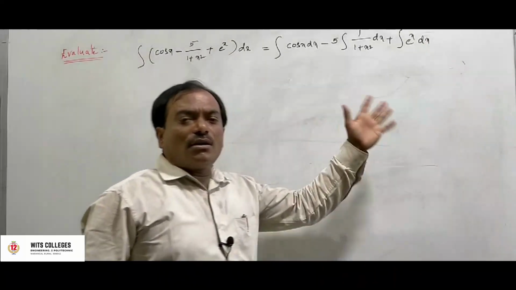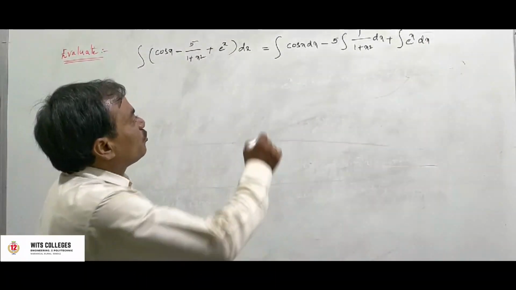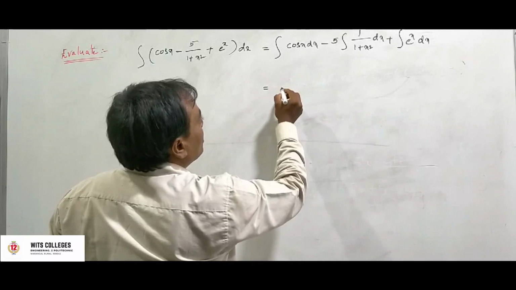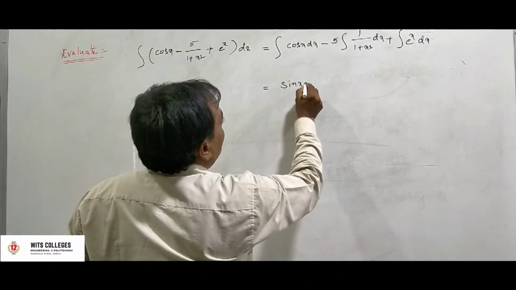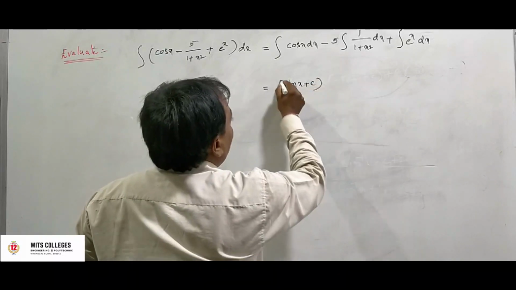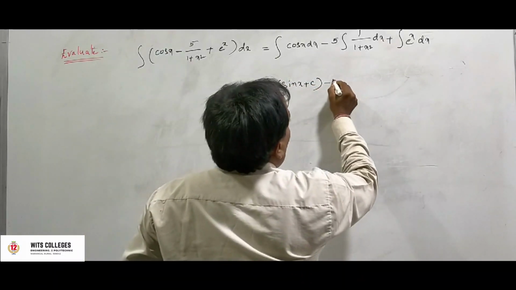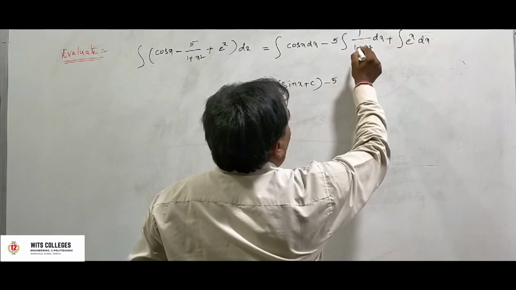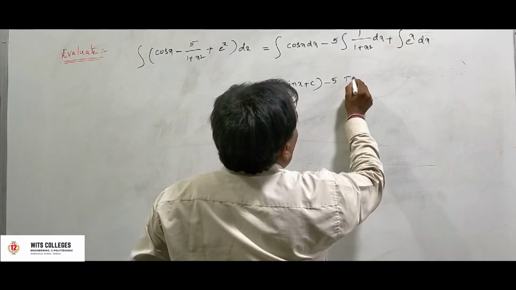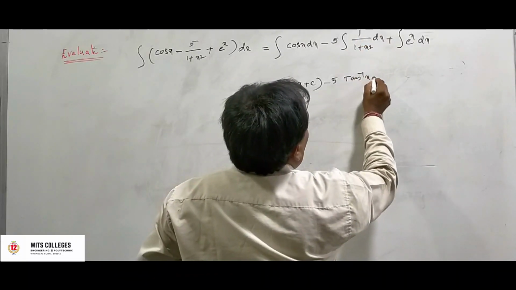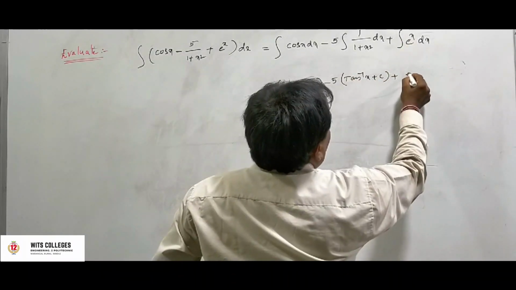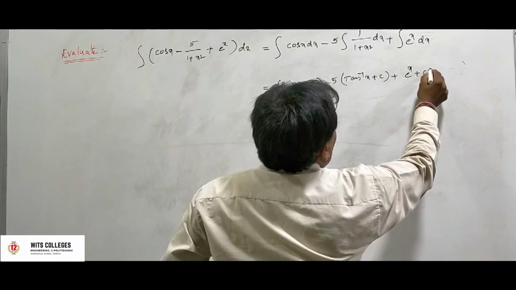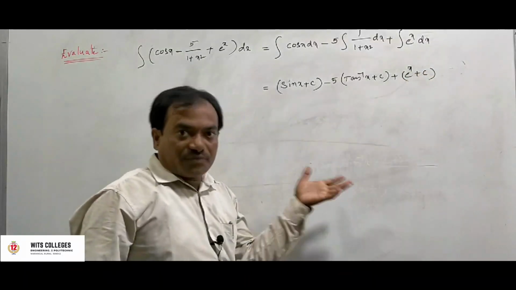So all these are straight formulas. We know that integral cos x dx equals sin x plus c, integral 1 by 1 plus x square dx equals tan inverse of x plus c, and integral e to the power of x equals e power x plus c.